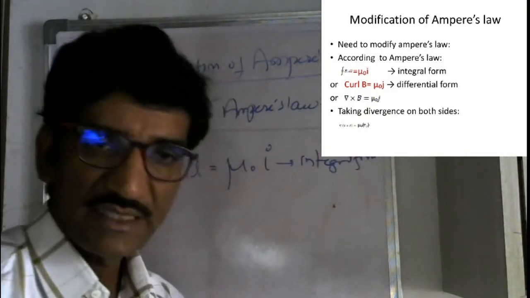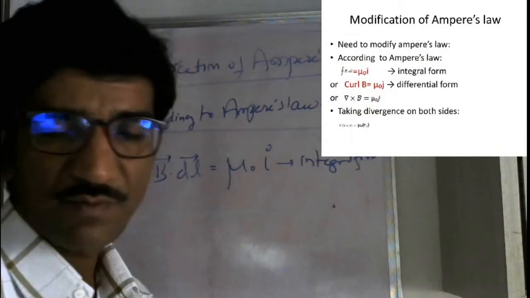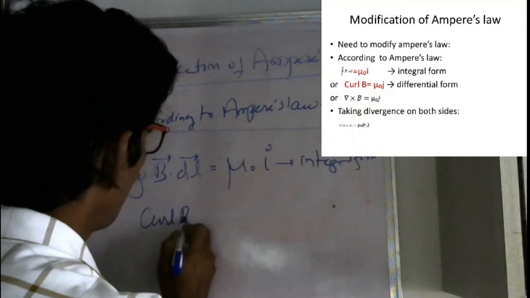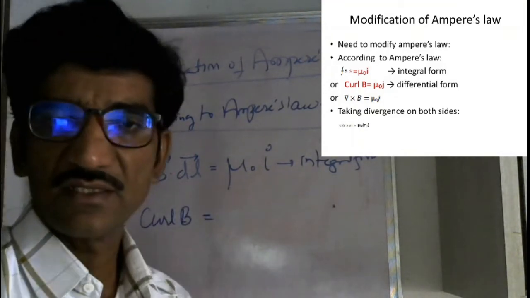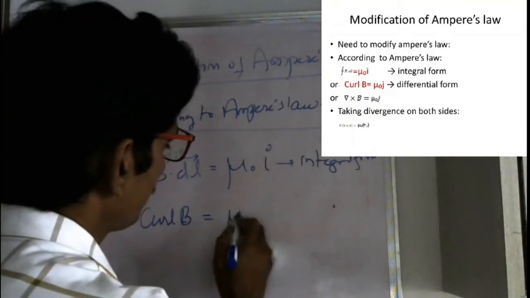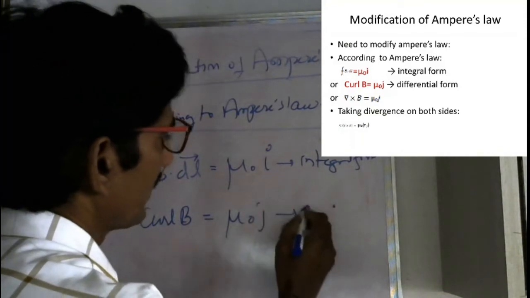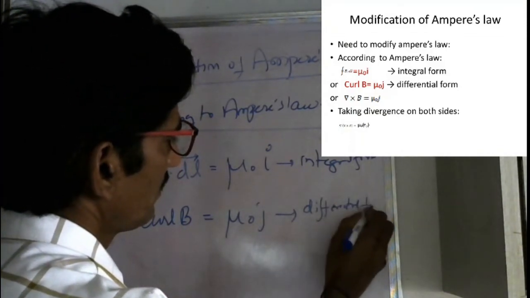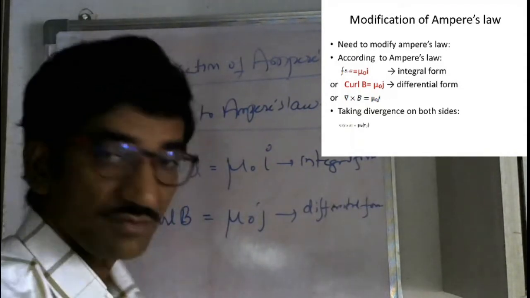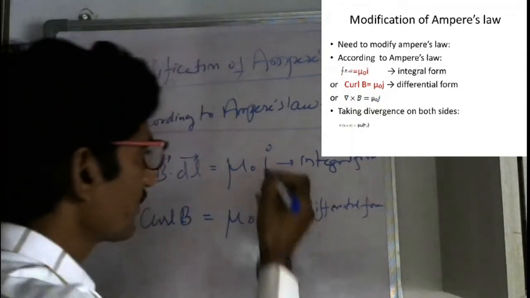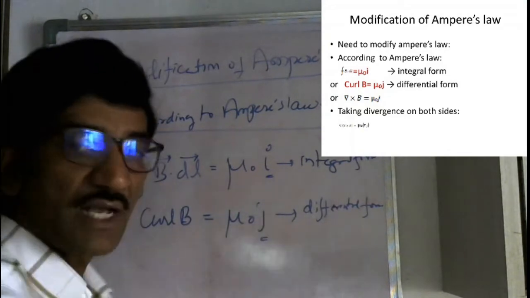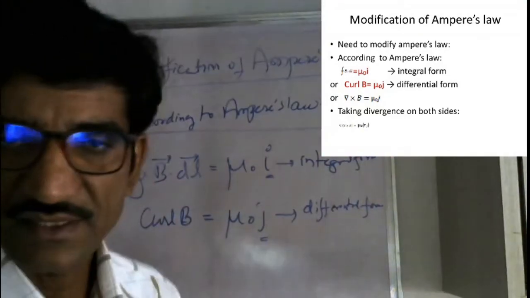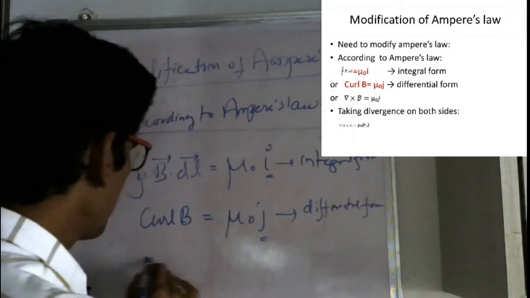In differential form, what will be the equation? If you convert it into the differential form, you have curl B is equal to μ naught J. Here you have I, here you have J; that is the change you have to note. What is curl B?